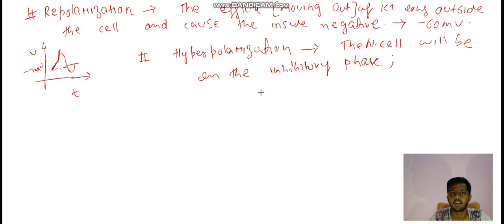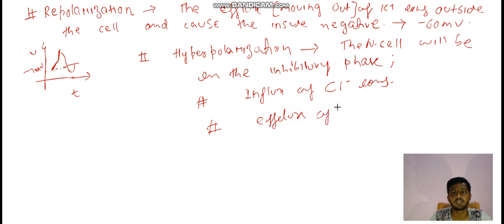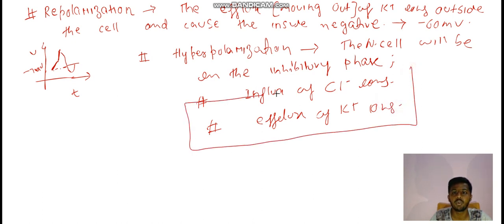And what causes hyperpolarization? Influx of chloride ions and efflux of potassium ions. This is the main cause of hyperpolarization, so please do remember this.